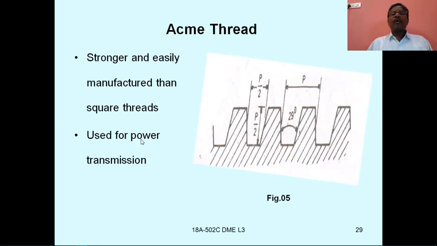It is used for power transmission, and the thread angle in this case is 29 degrees. Manufacturing is very easy compared to square threads.